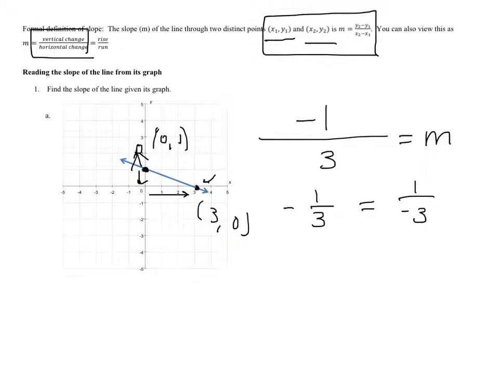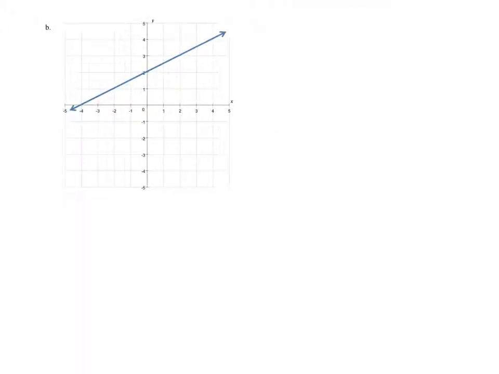Let's do the next. Okay, so we're going to identify 2 points, and I'm not even going to write them as ordered pairs. So my slope, which is denoted by the letter m, I'm going to go from here to here. So I'm going to go down 2, that's my vertical movement, and left 1, 2, 3, 4.